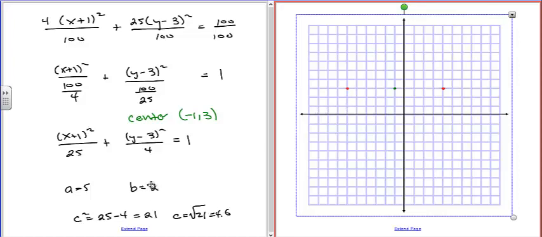Now the other one is the minor axis. Half the minor axis length is 2, so we go up 2, down 2. The center is right in the center of that. And then the foci are inside the vertices. So we go 1, 2, 3, 4, 4.6 is right there. 4.6 that way.